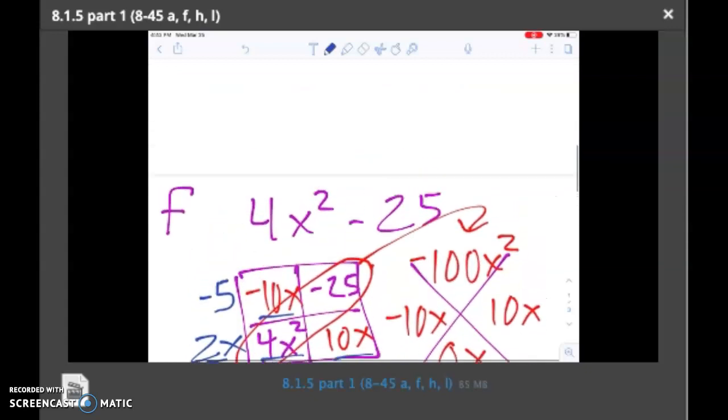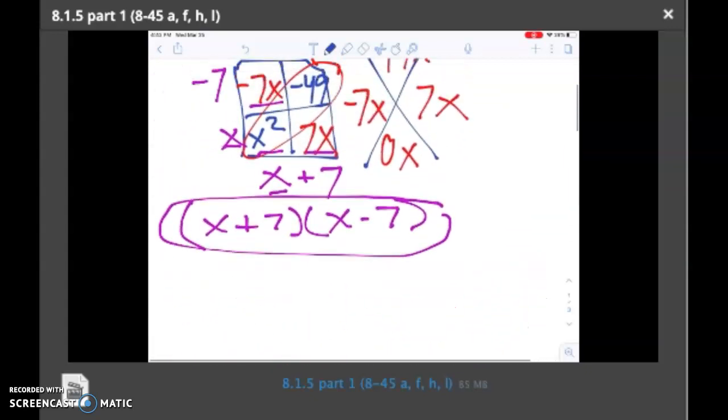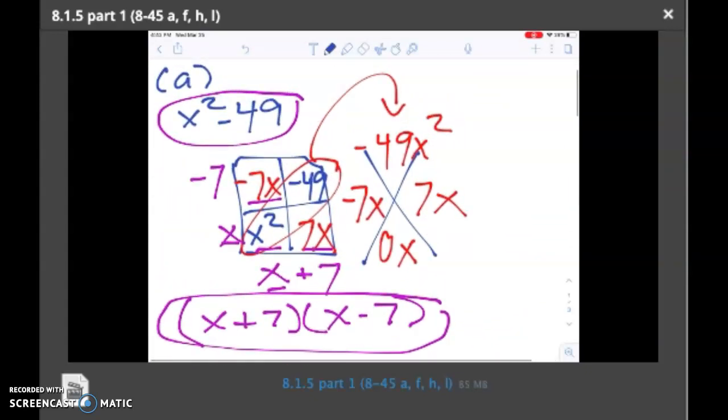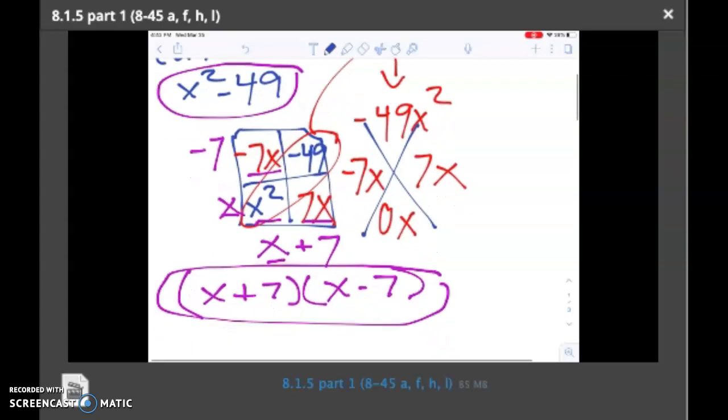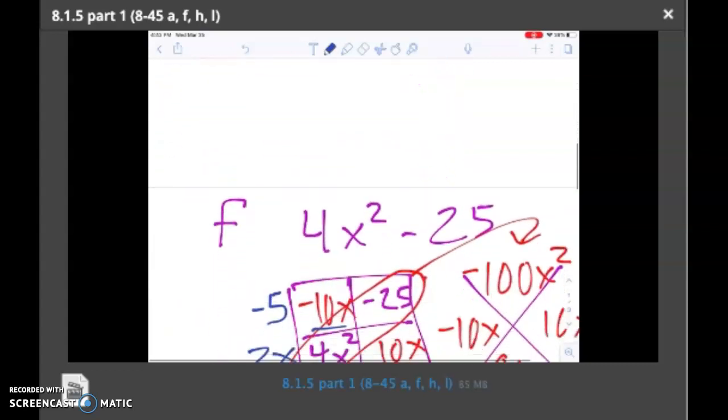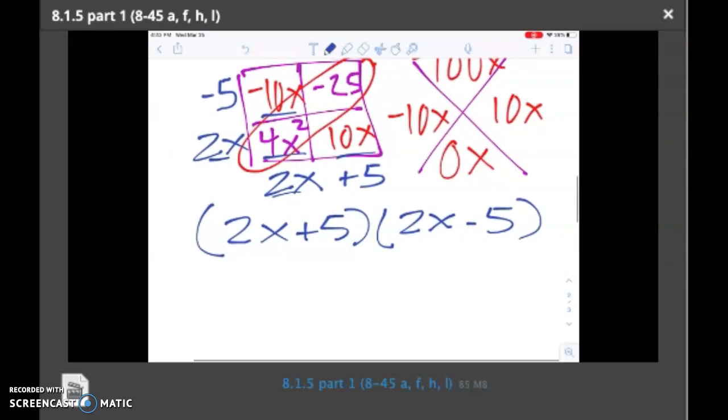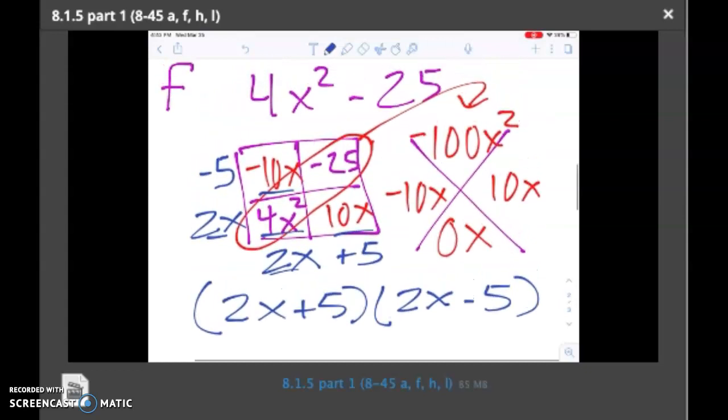Going back quickly to our last problem, when we had x squared minus 49, we went through the whole process and got our area as a product to be x plus 7 times x minus 7. Looking at the problem we just did, we started with 4x squared minus 25, and when we went through the generic rectangle and the diamond, we ended up with 2x plus 5 times 2x minus 5.